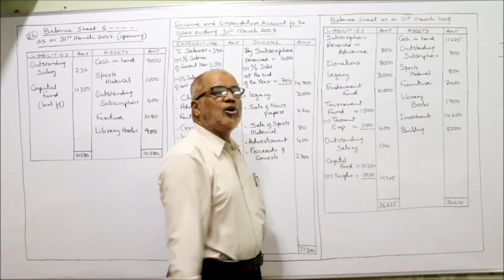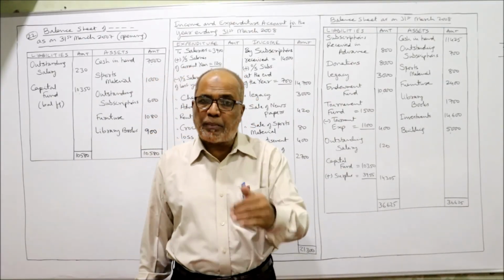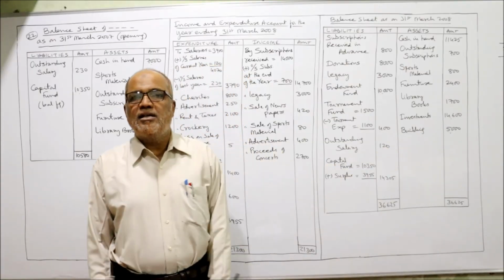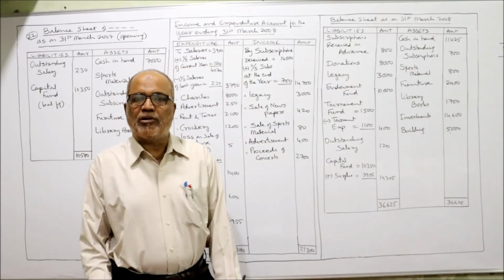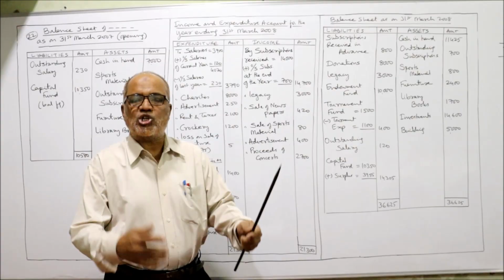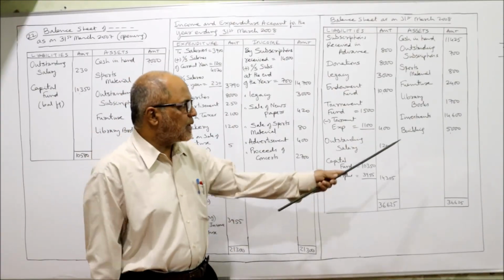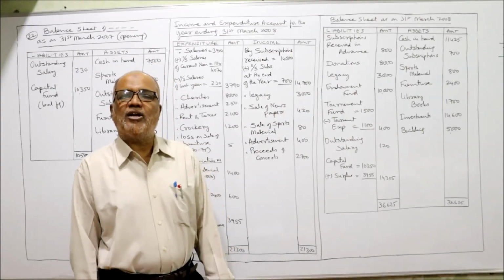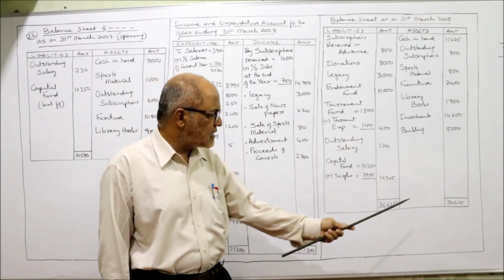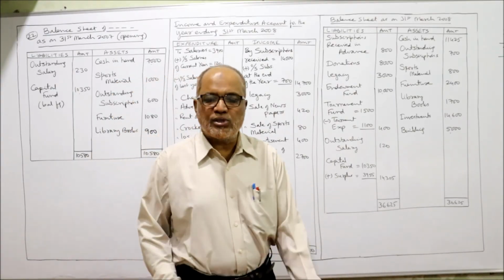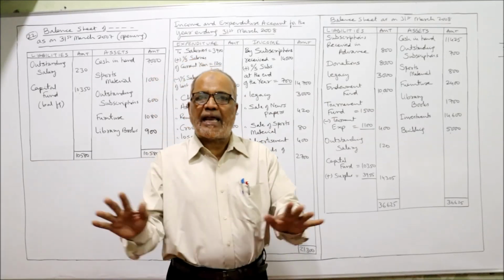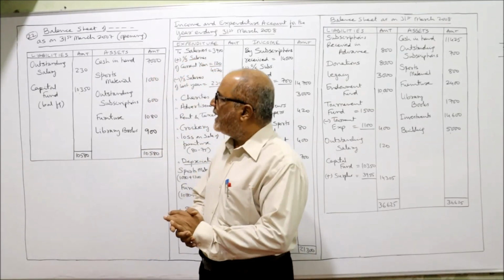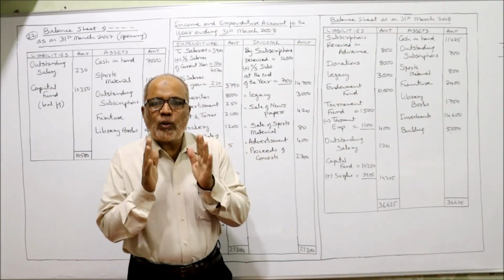Payment side you can see 14,600 investment purchased during the year. Assets. Similarly, cost of building construction. During the year, some building construction was made, 5,000. Capital expenditure. That's it. After taking all the items, find the total of the liability side and asset side. You are getting 36,625. Balance sheet tallied. So this is the end of problem number 22.